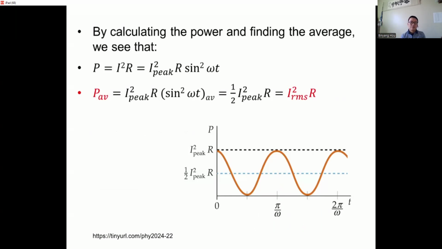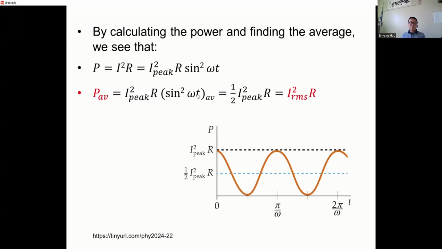So we can then calculate the power consumed by the element. We can do I squared times R, which will be I peak squared sine squared times R, because I is a sine function. If you average that, you are averaging all these terms together. I peak squared and R are constants, they are not changing, so you don't have to average those two.